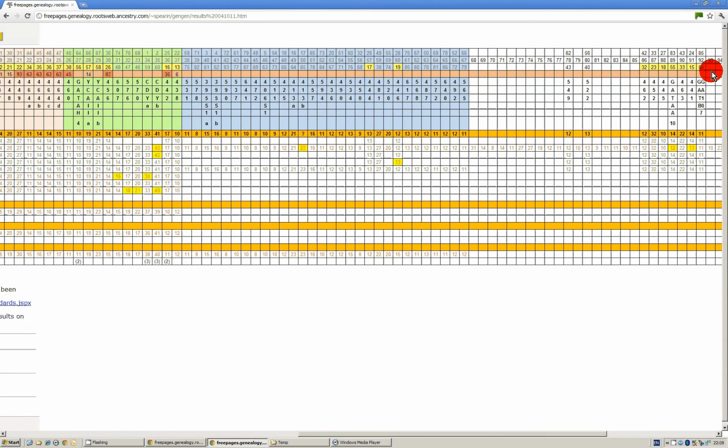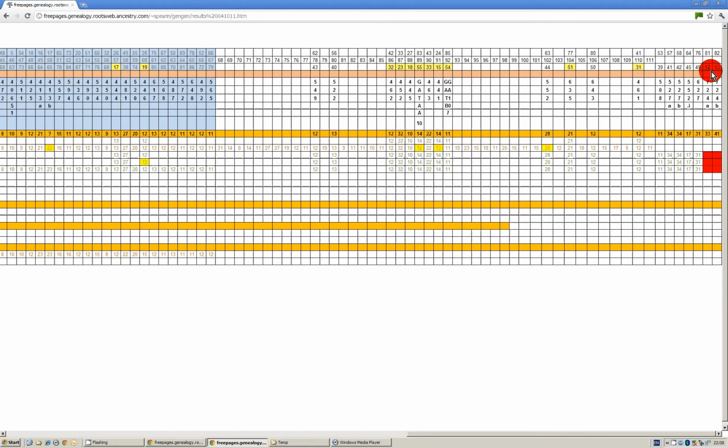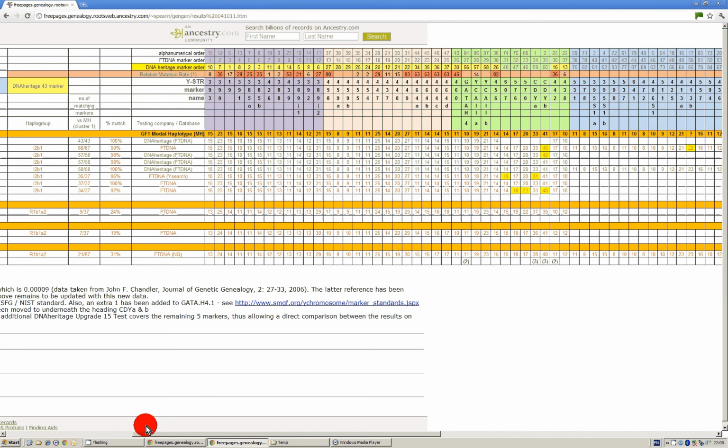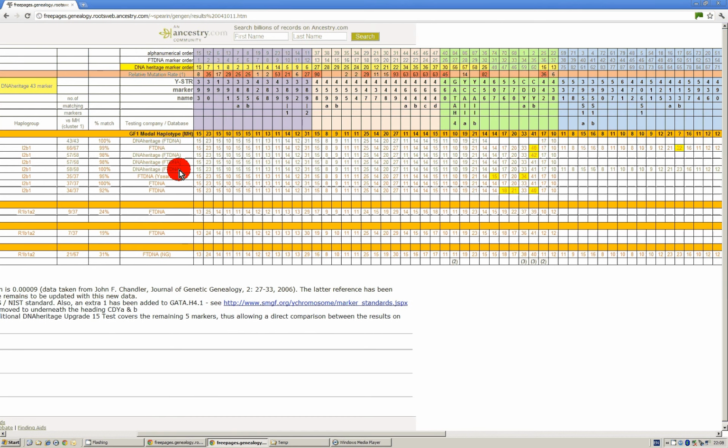After that we have the white area, which goes all the way up to marker 111, and then there are a couple of additional markers after that that are measured by DNA Heritage but that are not measured by FTDNA. So let's go back to the beginning of these rows, and here we'll see that the YSTR marker name is indicated in these rows here.